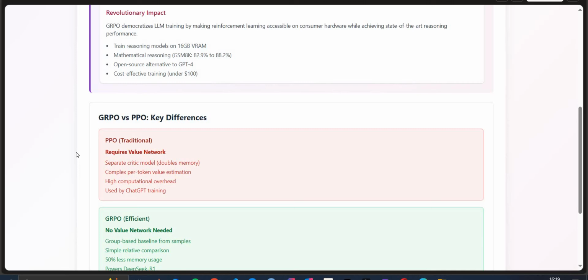On GSM8K, for example, accuracy jumped from about 82.9% to 88.2%. And because it's so resource friendly, you can actually train reasoning models with just a 16 gigabyte GPU, which is pretty rare in this space. It even makes it possible to get competitive results for under $100 of compute costs, which is impressive for reinforcement learning based training.